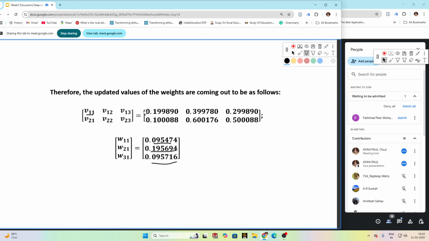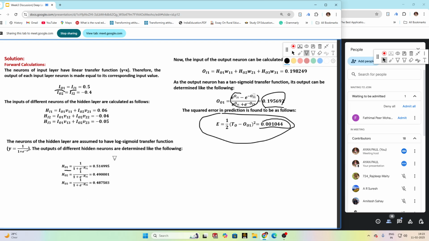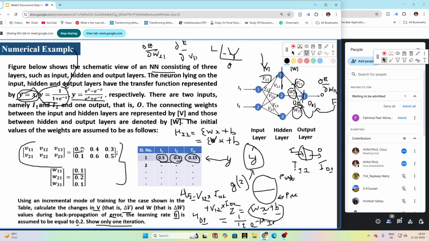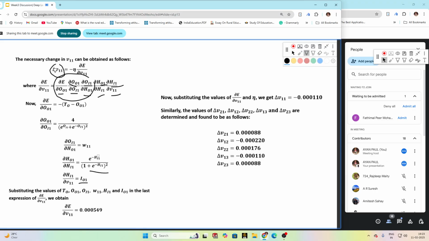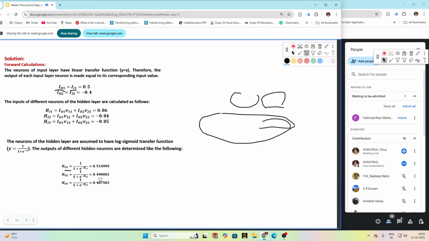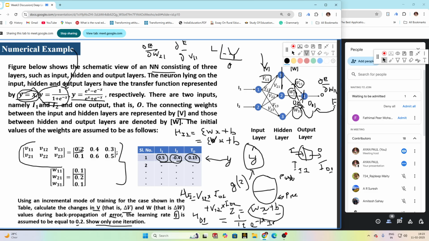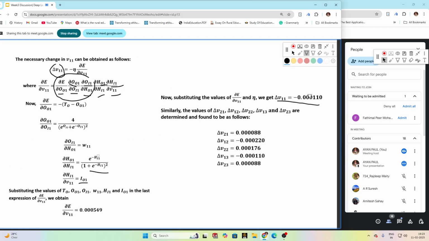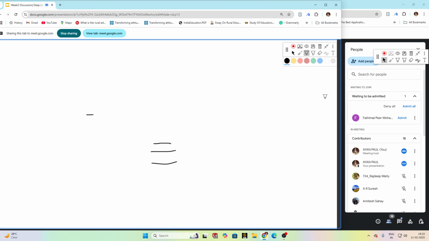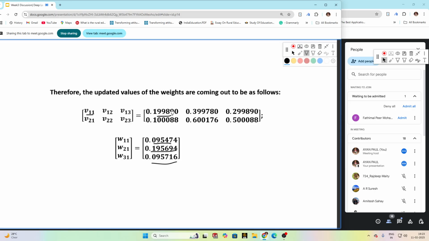Similarly for V11, we know delta V11, which we have just calculated. V11 was 0.2 and delta V11 we have just calculated is coming to be minus 0.000110. So 0.2 plus minus 0.000110 will be coming to be 0.1999890.